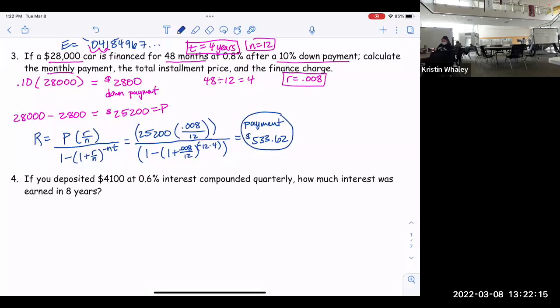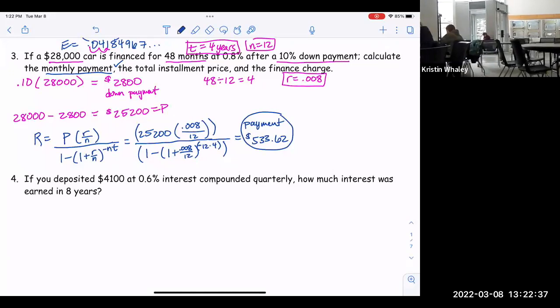All right, so this one did ask for several things. So far we've got one of them. We found the monthly payment, so we are good on that. The next thing it asks for is the total installment price. The total installment price is basically everything that you're going to pay over the whole time that you pay this loan back.